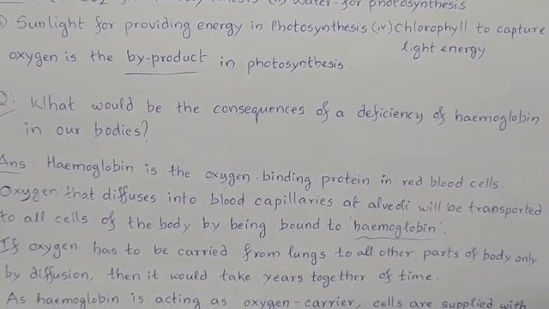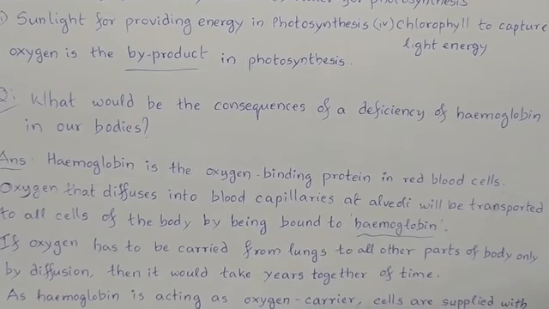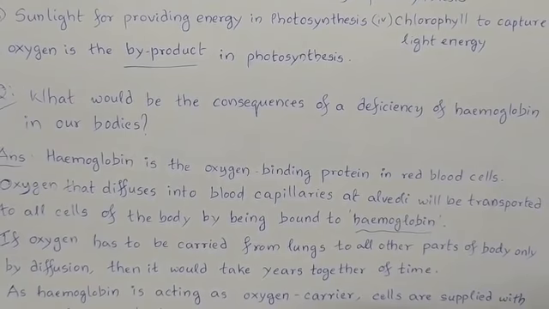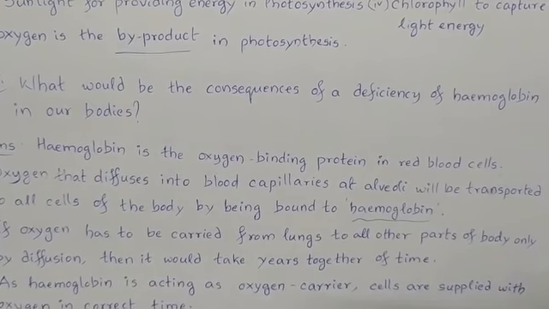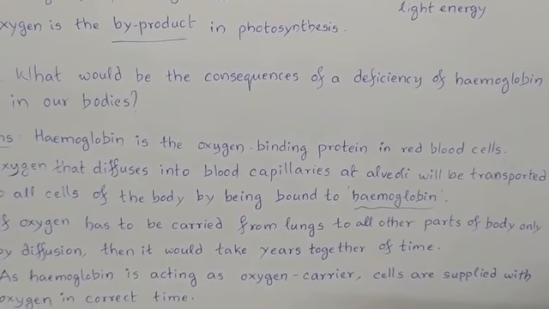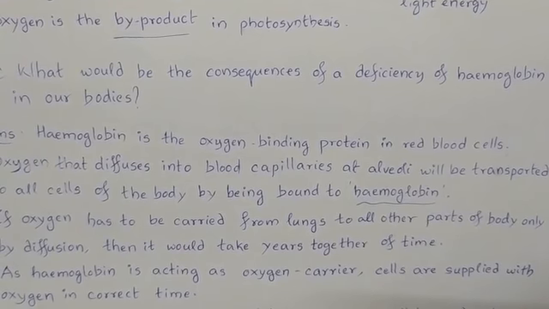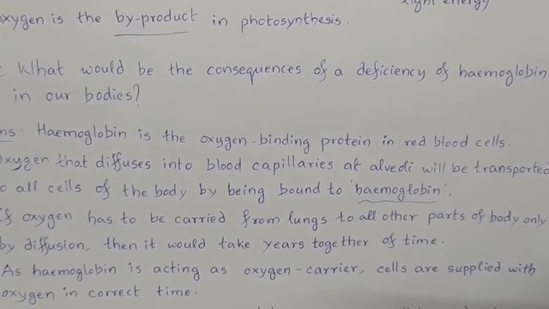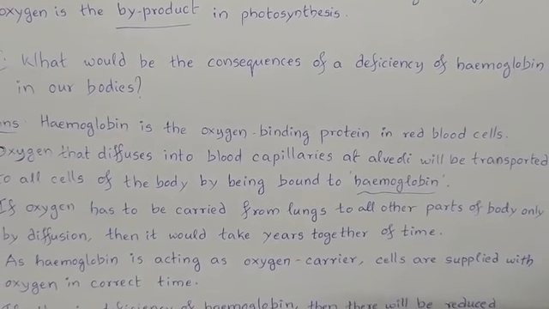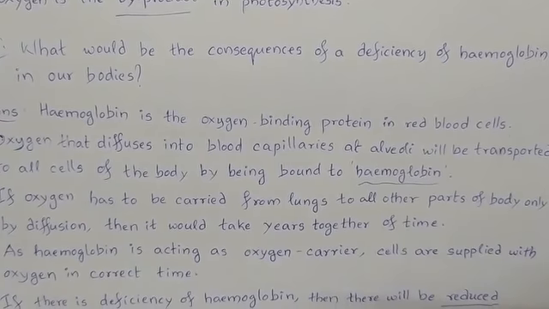Right. Next, what would be the consequences of deficiency of hemoglobin in our bodies? Hemoglobin is the oxygen binding protein in red blood cells. Oxygen that diffuses into blood capillaries at the alveoli will be transported to all cells of the body by being bound to hemoglobin.